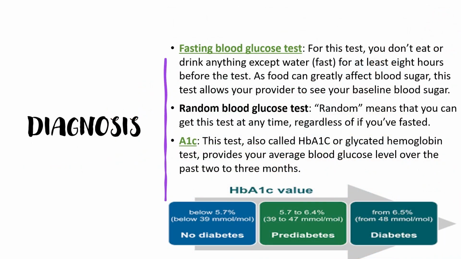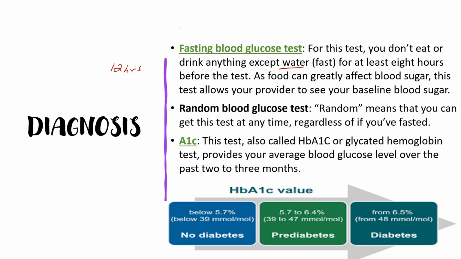To diagnose diabetes, we generally use three tests. The first one is fasting blood glucose, in which you don't eat or drink anything except water for at least 8 hours, preferably 12 hours, as food can greatly affect the blood sugar levels, and this allows the provider to see the baseline blood sugar levels.